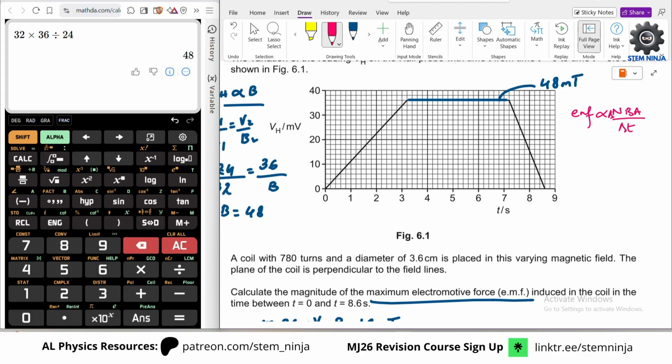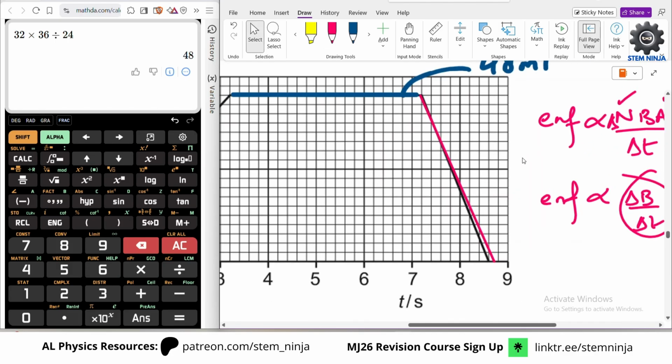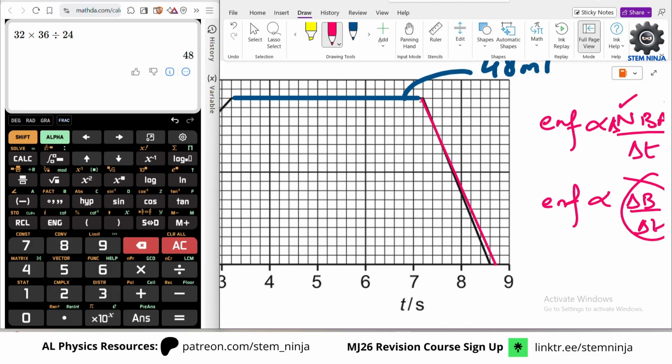N and A are not changing, so basically it's just directly proportional to change in B over t. So the greatest rate of change is happening this way. If we figure out how much duration this happens, we can figure that out. So this is 8.6 and this is 7.2.